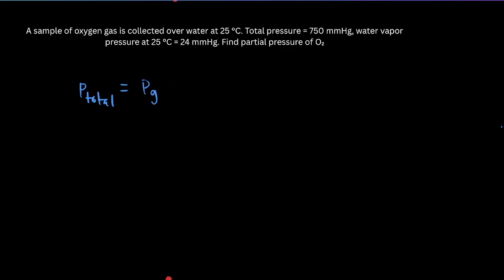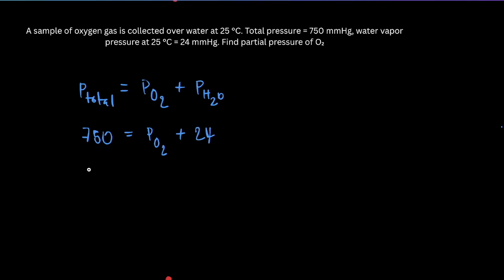Specifically in this case, our gas is oxygen, so we can say it's that partial pressure of oxygen plus the pressure of our water vapor. And so we can say that this 750 millimeters of mercury is going to be our partial pressure of oxygen plus our 24 from our water vapor.